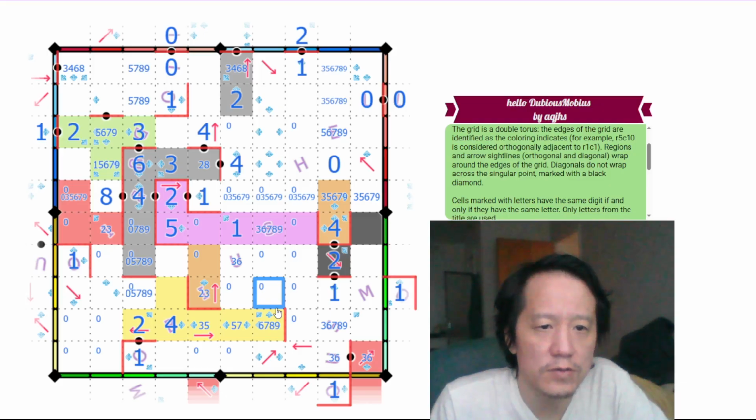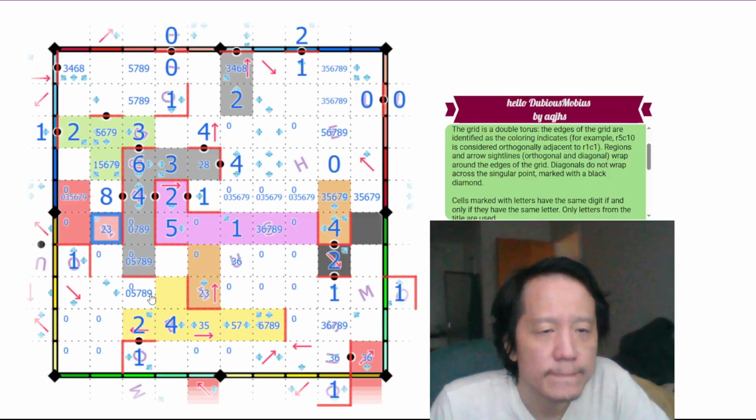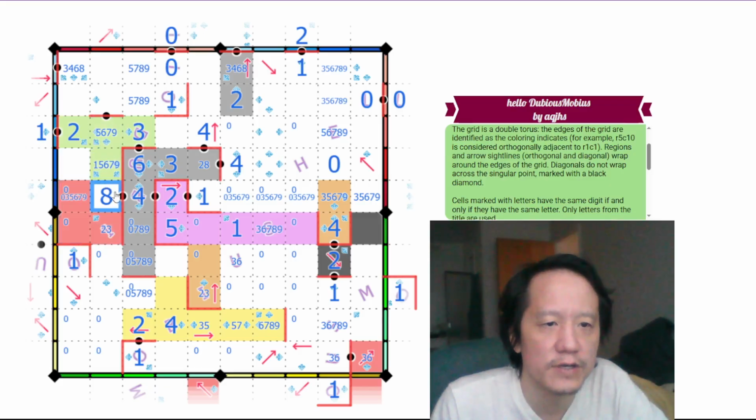We don't know. It's 2, it's 3. Oh, this is 2 or 3. Cannot be the same region as the green. Right, this sees 3 here, guaranteed. This sees 2. So the red actually has to be a separate region than the green.